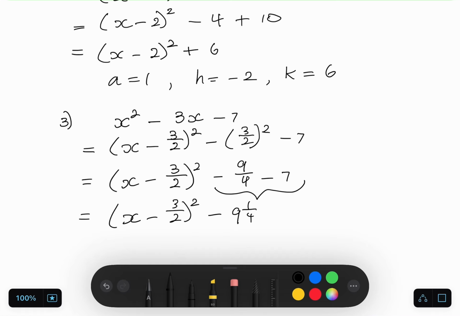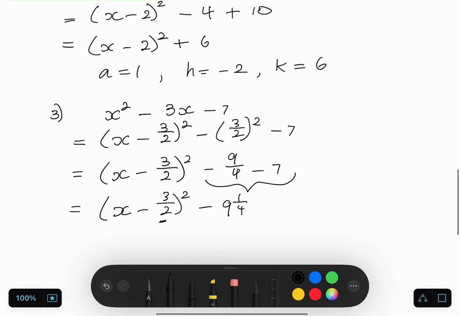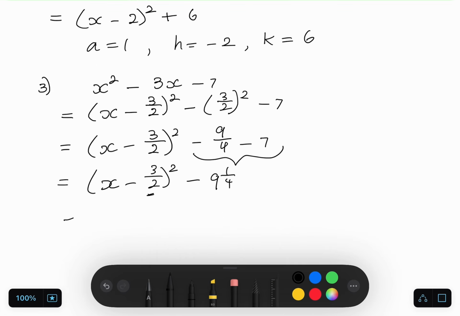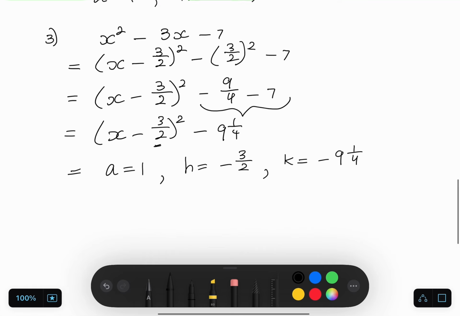Same thing here, 3 over 2 is 1.5. So this is the completed square format. In this one, a is 1, the coefficient of x squared. h is negative 3 over 2 or negative 1.5, and k is negative 9 and a quarter, or negative 9.25, or negative 37 over 4.